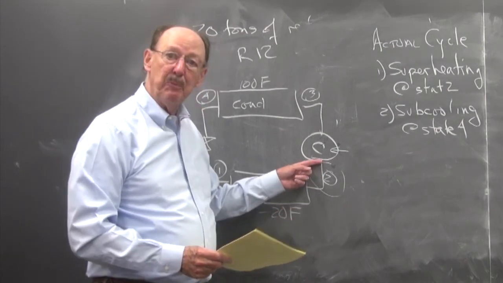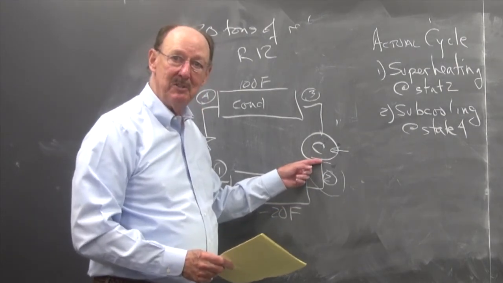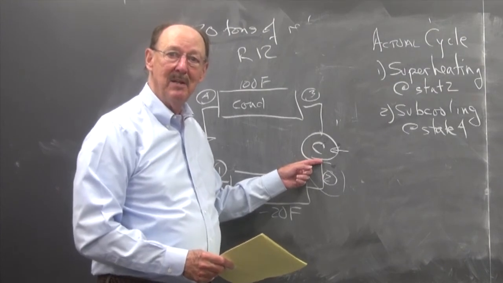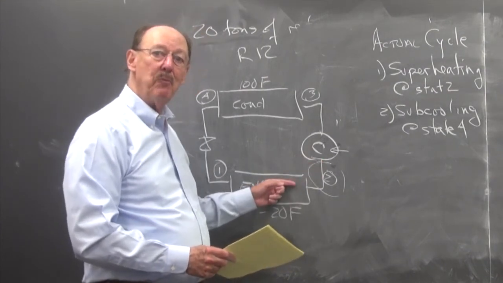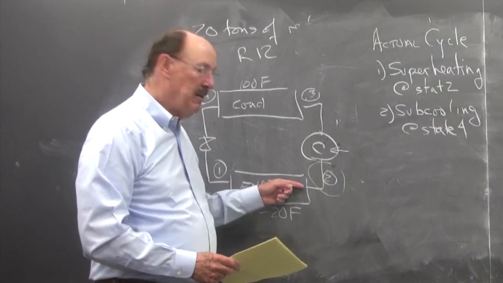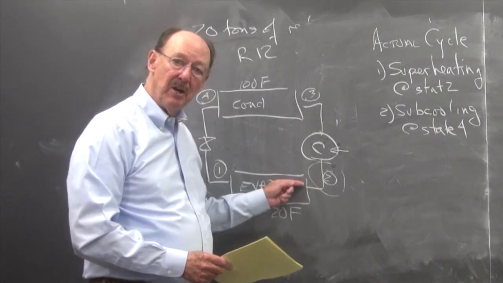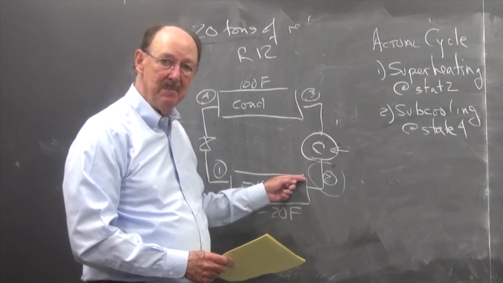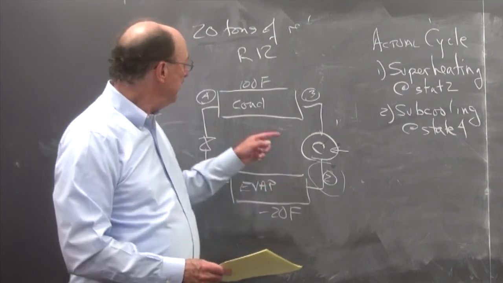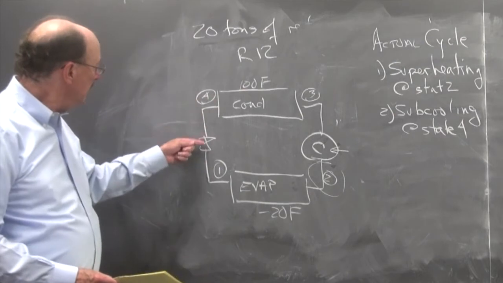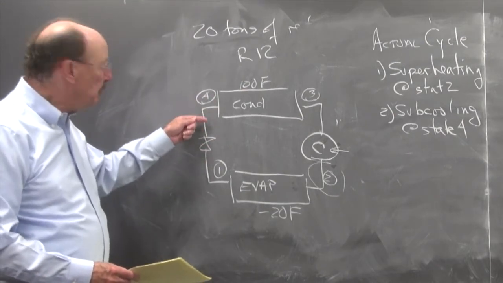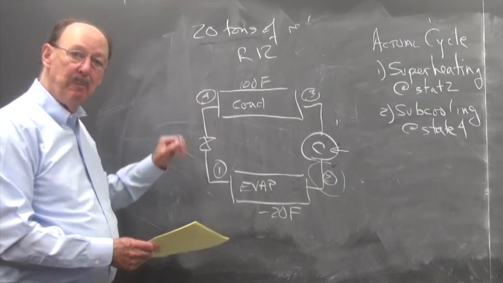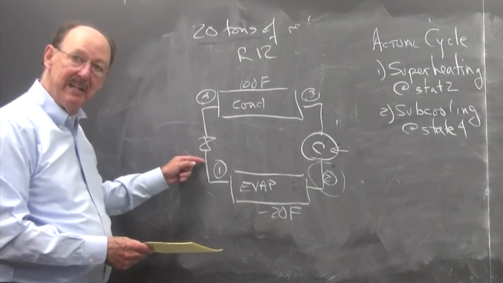So what happens with the superheating, and we'll look at a TS diagram showing this, is the compressors do not like liquid going into them. They like to compress a vapor or an ideal gas. So I want to make sure that the substance here, the R12, has been totally evaporated. So we superheat it slightly, about 10 degrees Fahrenheit. And similarly, for the throttling valve, you don't want to have any bubbles occur before the fluid enters the valve.